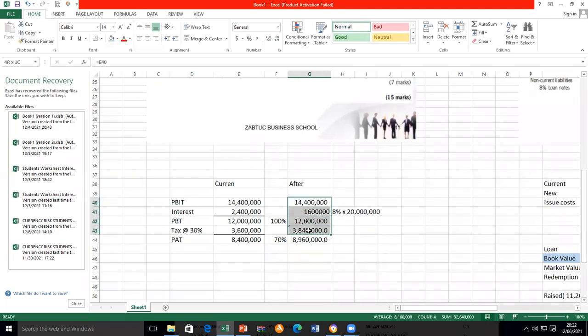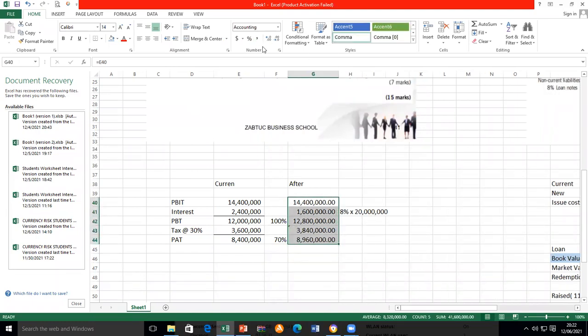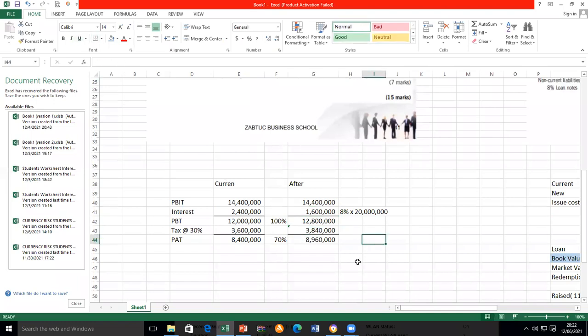Let's calculate our earnings per share and conclude our case for today. How many shares do we have now?